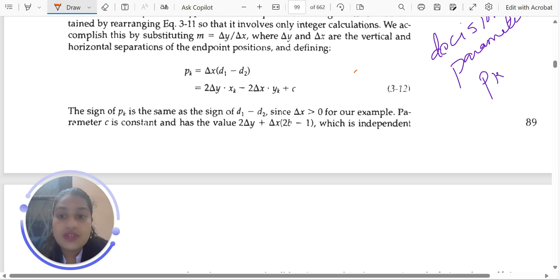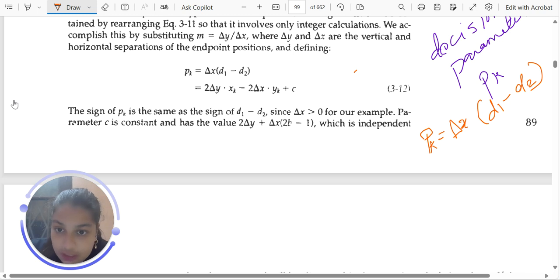And now we get pk is equal to delta x times d1 minus d2. Then we substitute, so we will get 2 delta y xk minus 2 delta x yk, and we get the constant c.